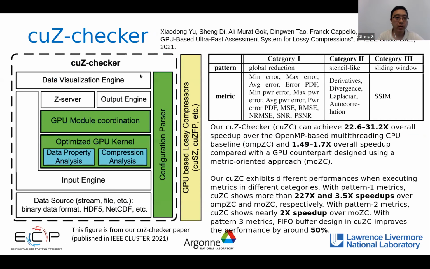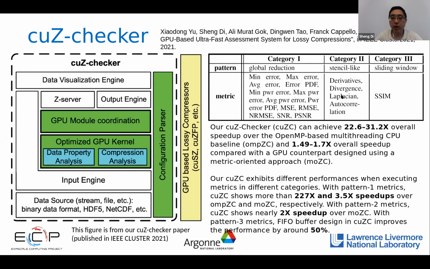And moreover, Z-checker has a GPU version. We developed cuZ-checker, and this work was published in the Cluster conference last year. Specifically, we developed very efficient GPU algorithms for each of the metrics, including derivatives, autocorrelations, and SSIM.